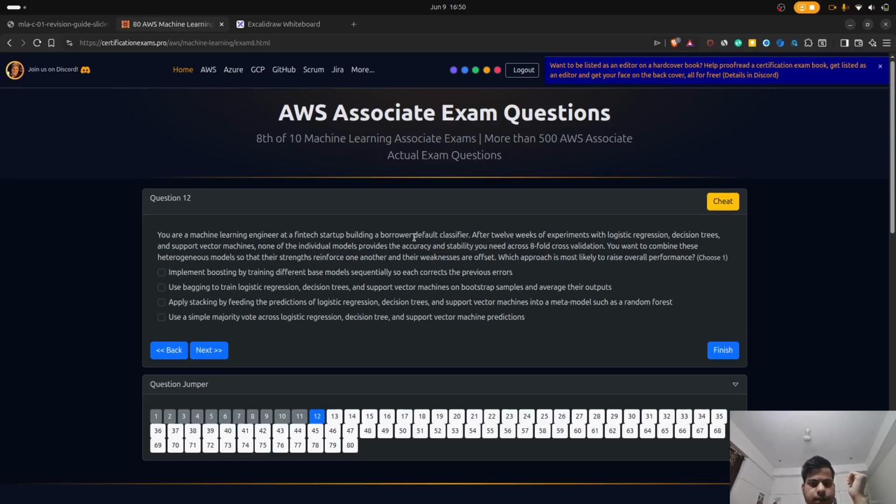Machine learning engineer, borrower default classifier. You want to combine these heterogeneous models so that their strengths reinforce one another.